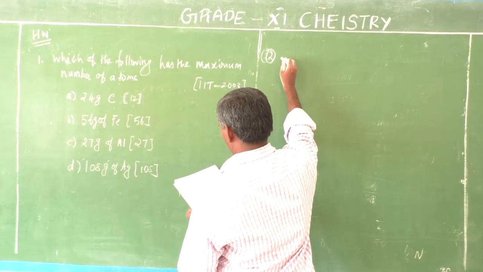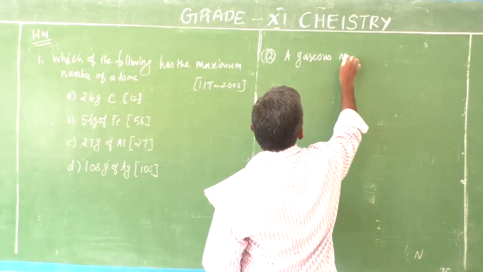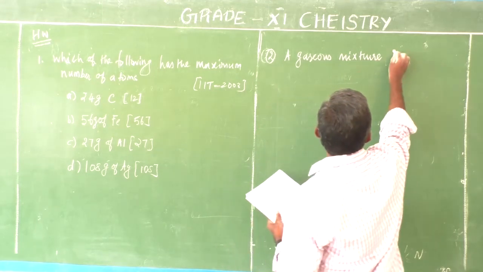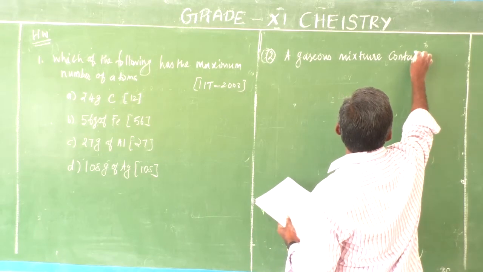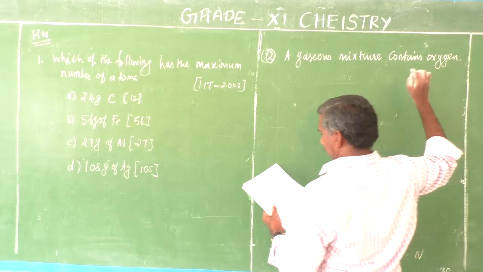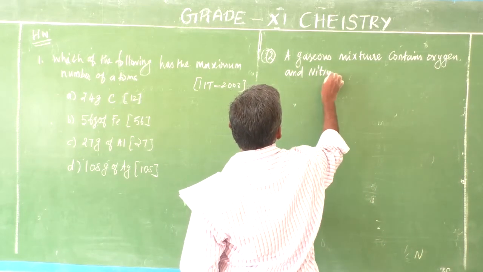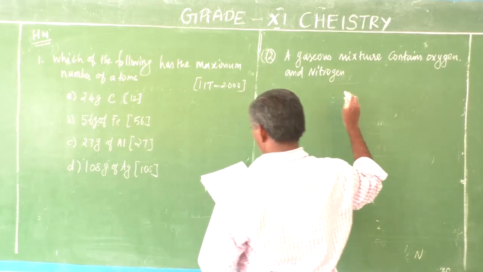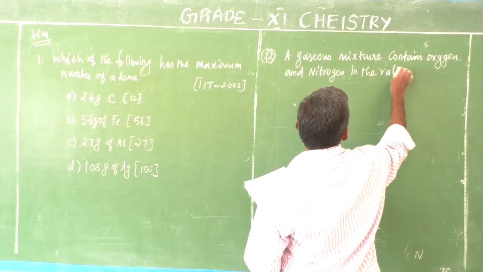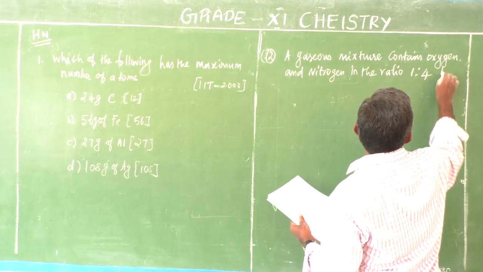Question number 2: A gaseous mixture contains oxygen and nitrogen in the ratio 1:4 by weight.